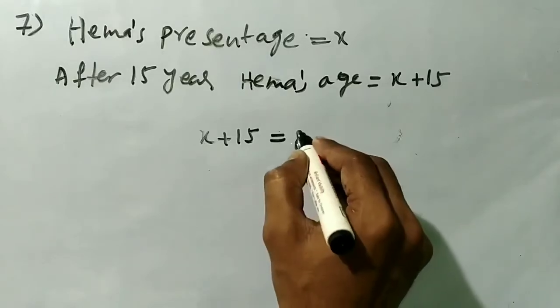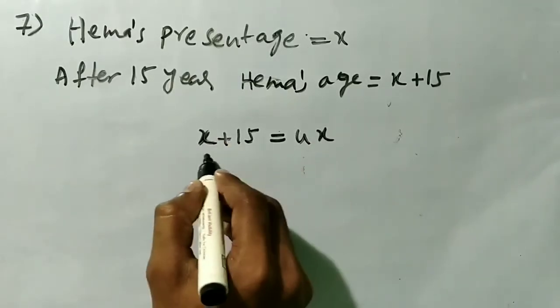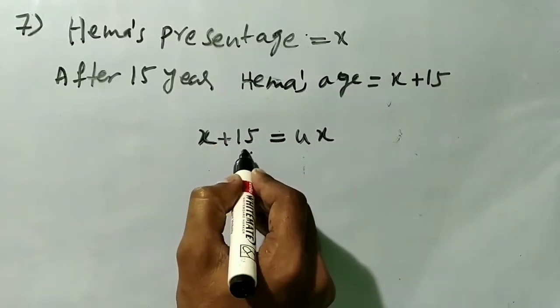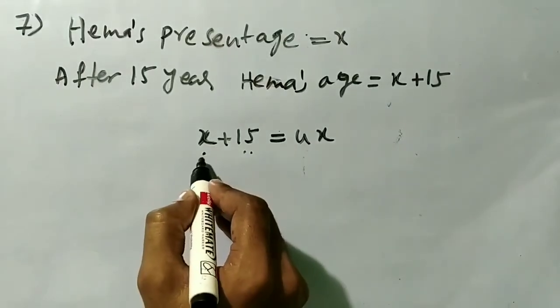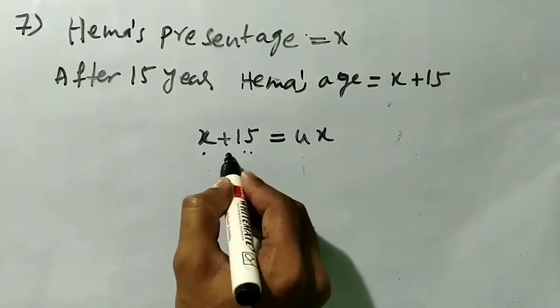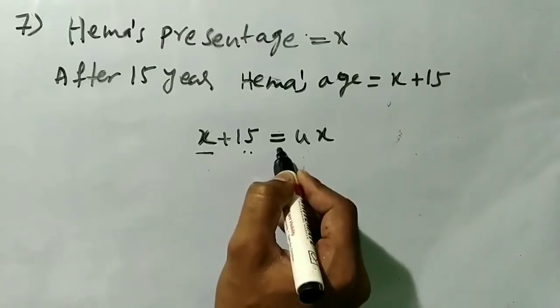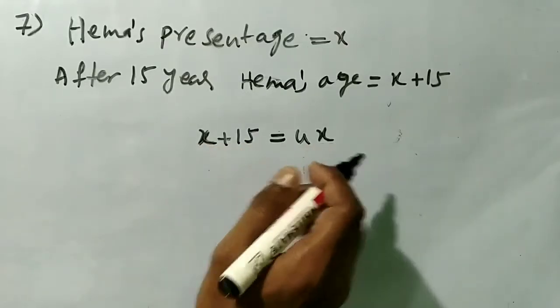So 4x becomes here. Here x is the present age and 15 is the after 15 years. So 15 years after the present age is equal to 4 times of the present age. So we got the exact equation from the question.